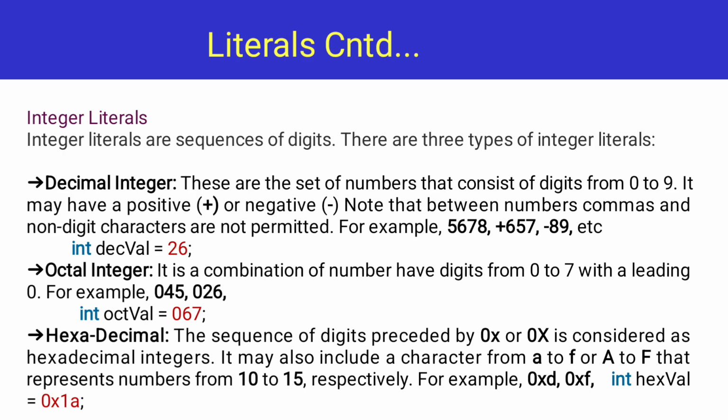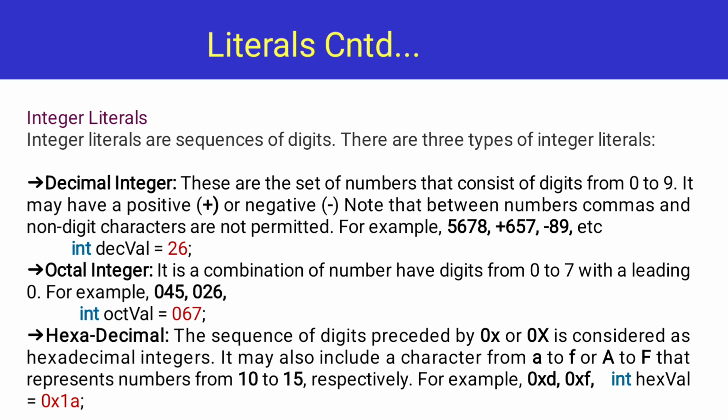Now here we show one example: int decVal = 26. Here this is an integer literal. Now we move towards the octal integer. It is a combination of numbers with digits 0 to 7 with a leading 0. For example, 045, 026, or 067.